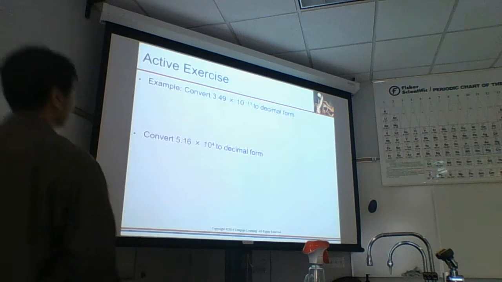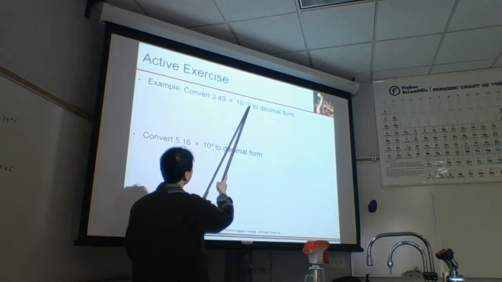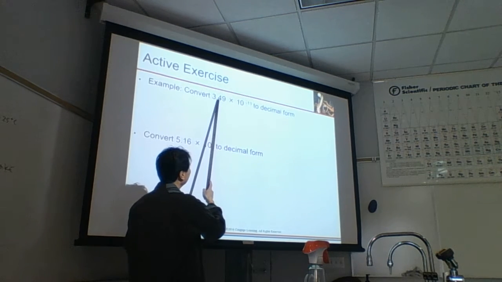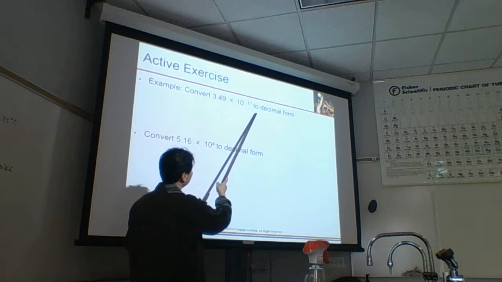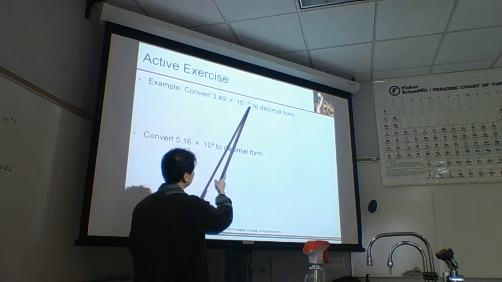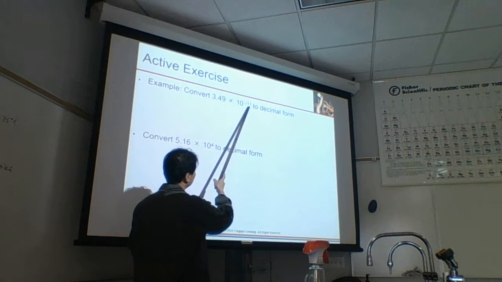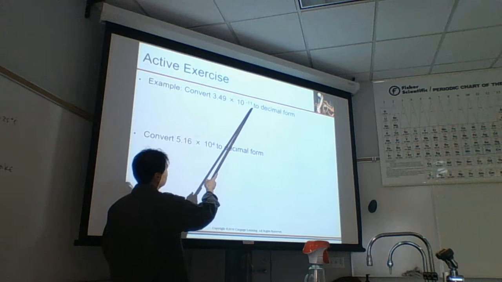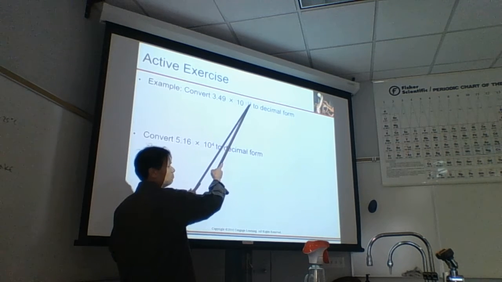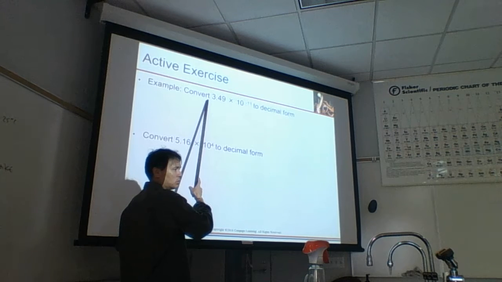So if this number is small, what we're going to do is convert it to decimal form. When we convert it to decimal form, we're going to go to 0, so we need to convert it to times 10 to the 0th, which is 1. So we make the exponent bigger, which means we have to make this number smaller.